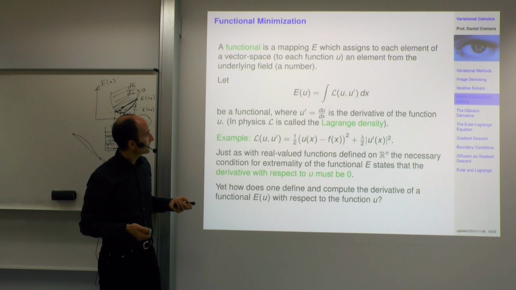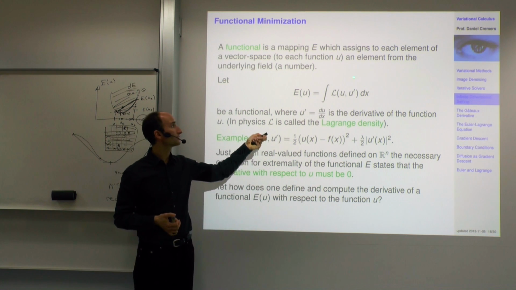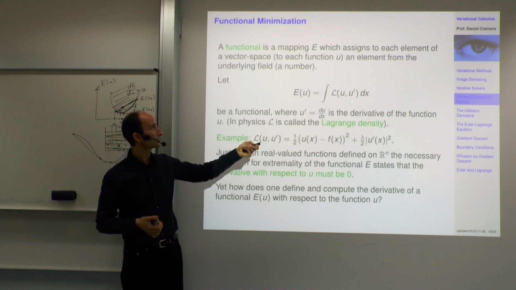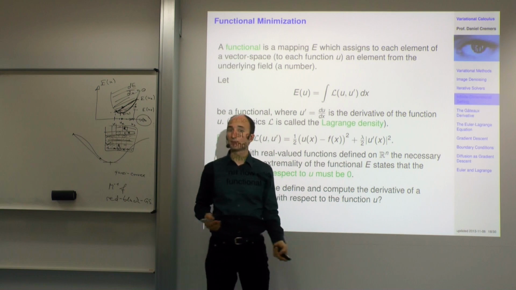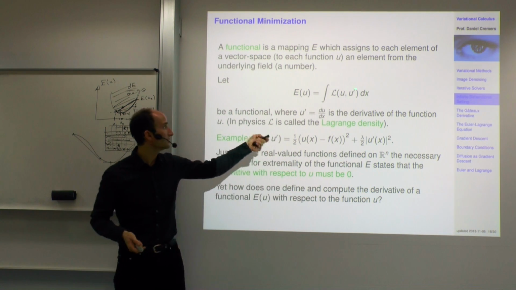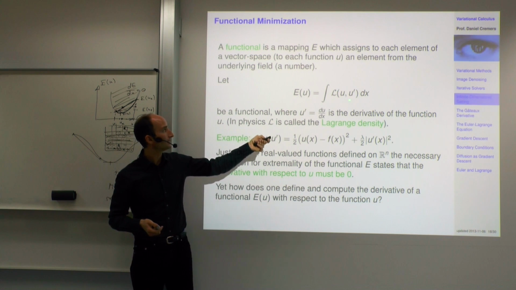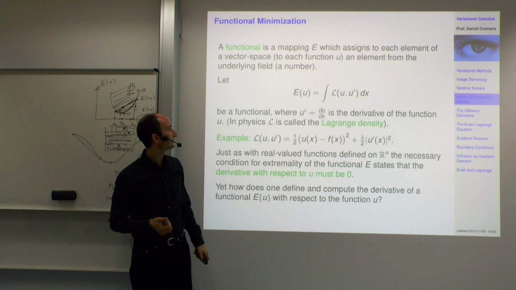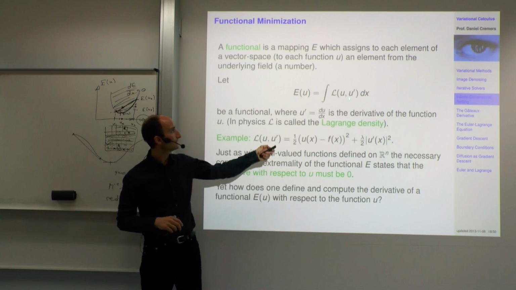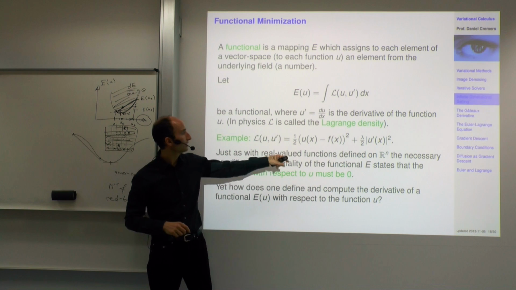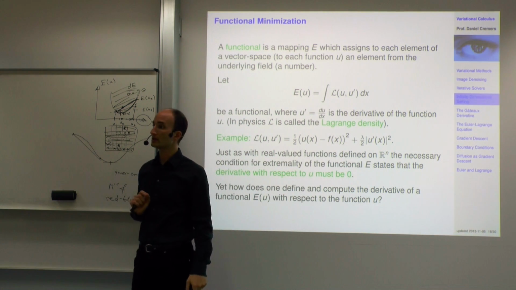Let's consider a particular class of functionals, and these we will call the canonical class of functionals. It's functionals of this type that aggregate some information over the image grid. A summation or integral over all the pixels, and at each pixel I basically take this Lagrangian, it's called L. In our setting, to relate that to the previous slide, this L is just the data fidelity term evaluated for each pixel.